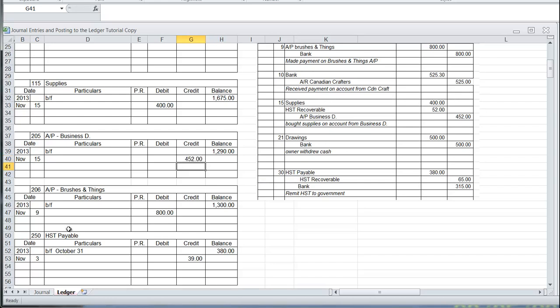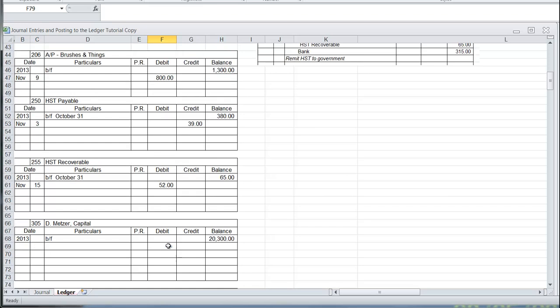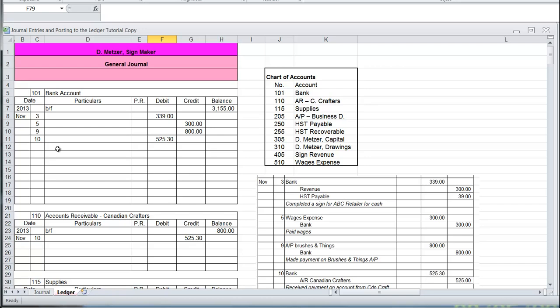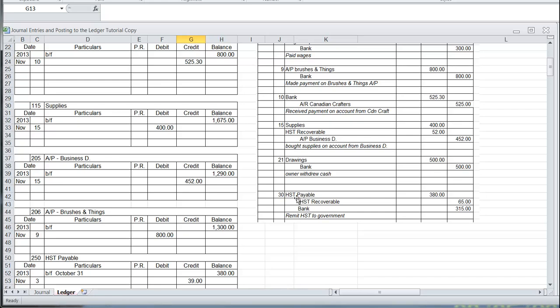Drawings. November 21st was the drawings for $500. And it was a $500 debit, and then of course there's also the $500 credit to bank. And one more, HST payable from the 30th.